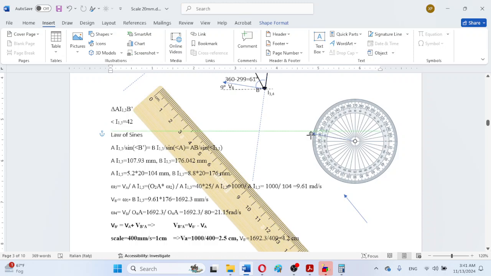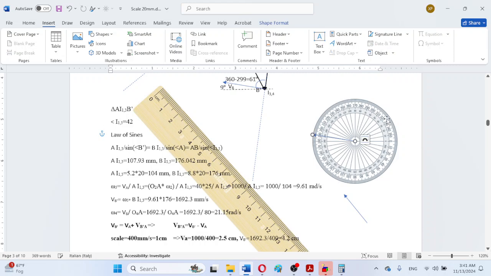So this is approximately, as we can observe, equal to 9 degrees.